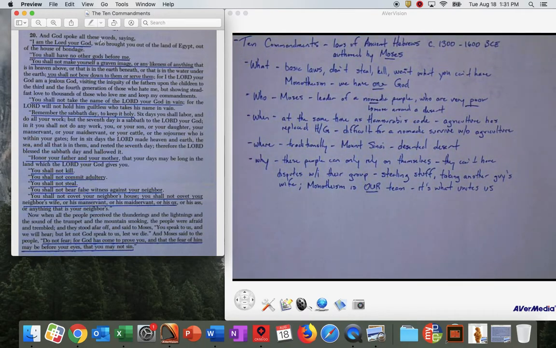That's why that stuff comes first. Those are the first commandments. We have to unite us first. The other stuff is there to keep us united. But we have to be united first.